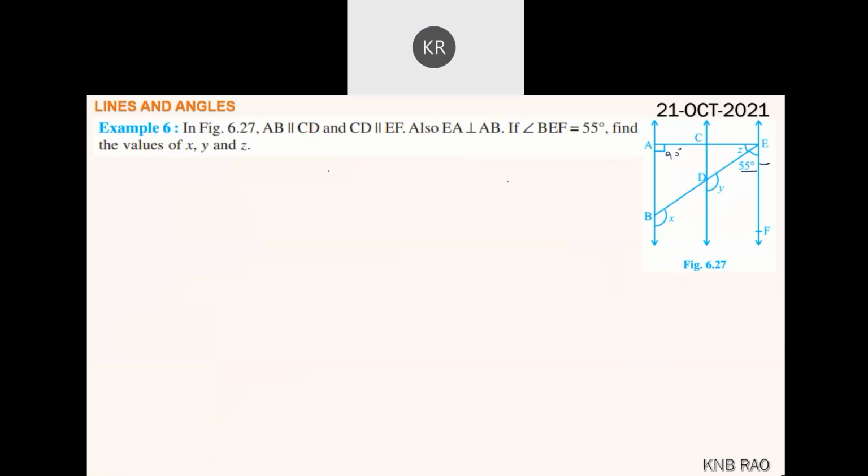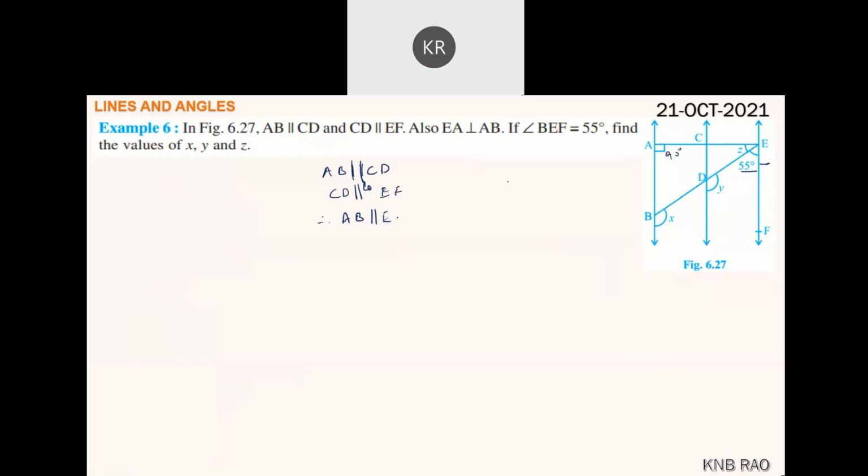Okay. First of all, AB parallel to CD and CD parallel to EF. Therefore, AB parallel to EF.